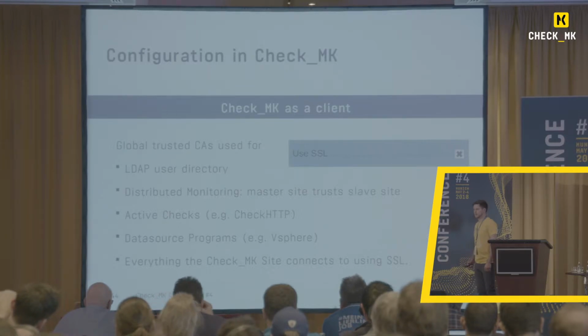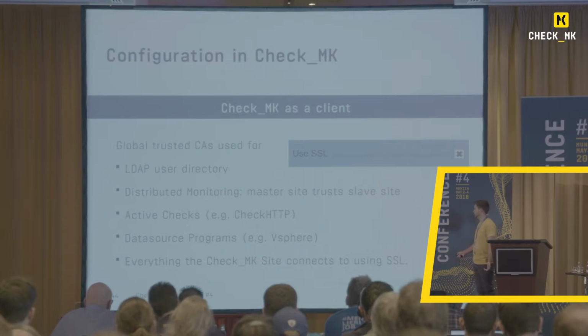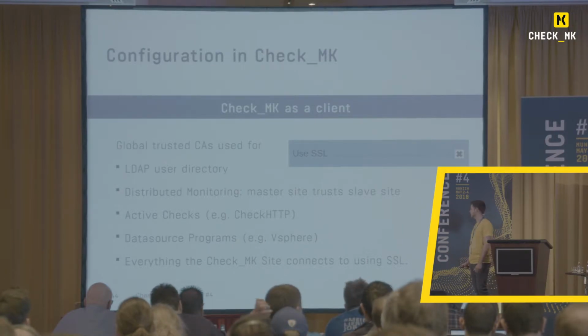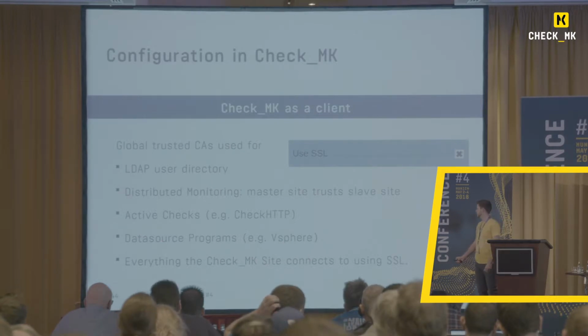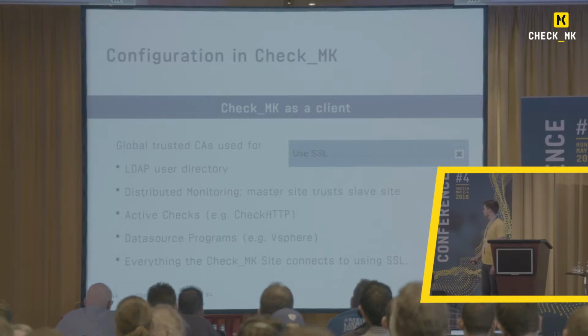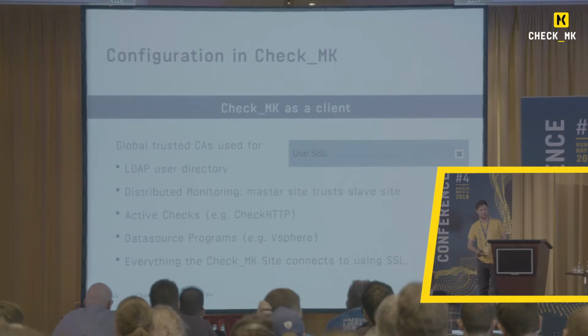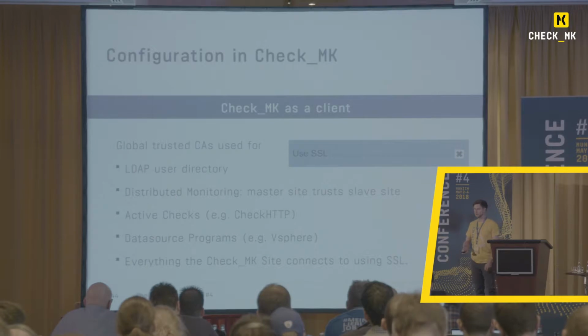If I have active checks, for example, check HTTP, and HTTPS is secured by SSL, data source programs, so we're talking about special agents now. Of course, in this case, you can also have an SSL connection. Other than that, everything where we find anything that is called use SSL or secure this connection using SSL, in this case, we always refer back to our global settings.